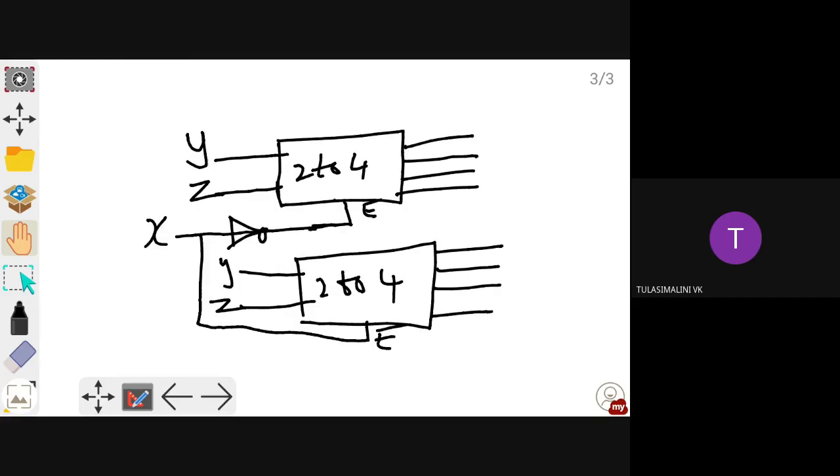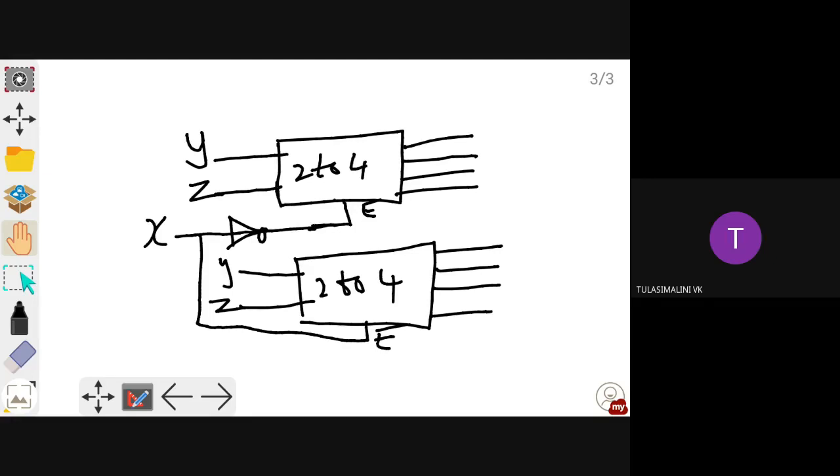So in the 3 to 8 line decoder truth table இருக்கிற XYZ ல, first இருக்கிற X I am using for enable input, Y and Z I am giving as input to a 2 to 4 line decoder. So for the two 2 to 4 line decoders, the same YZ I am giving here. So X I am inverting, that is X bar, I am giving to the first decoder, and X I am giving to the second decoder.